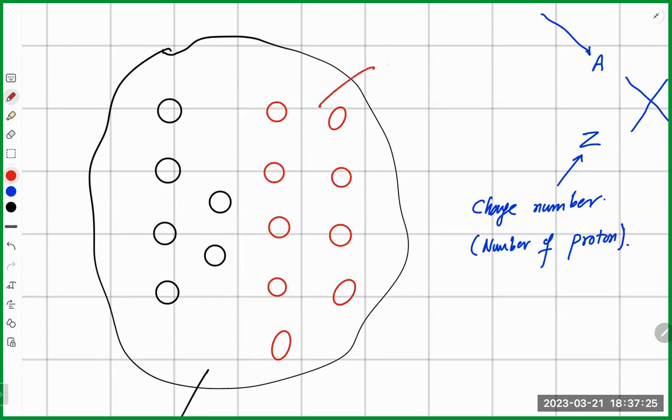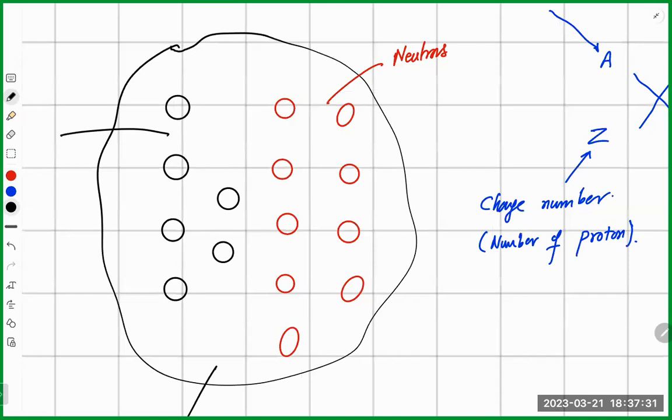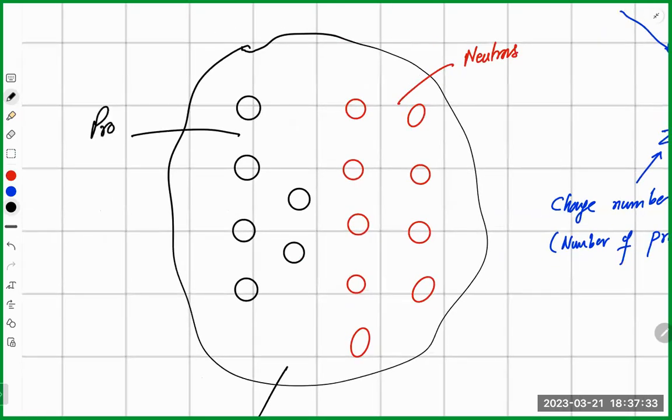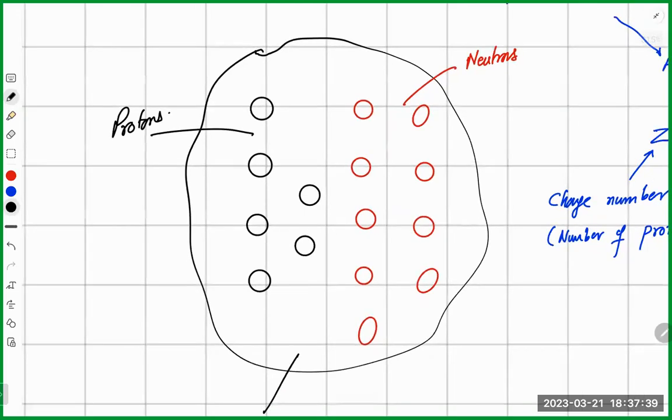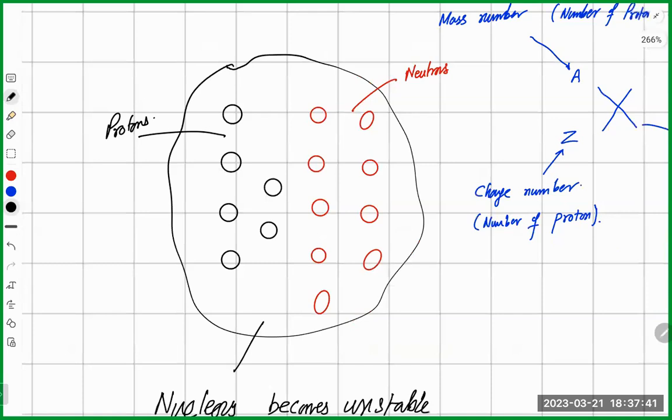These are neutrons. These are protons. So what do you think? What will be the number of neutrons in this case for this particular nucleus?